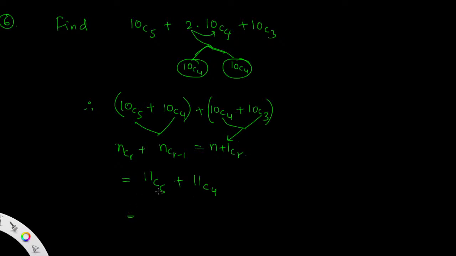Again the same formula nCr plus nC(r-1), then you get 12C5, sorry, 12C5. nCr plus nC(r-1) is (n+1)Cr, nothing but 12C5. This formula is applied so many times: nCr plus nC(r-1) equals (n+1)Cr.